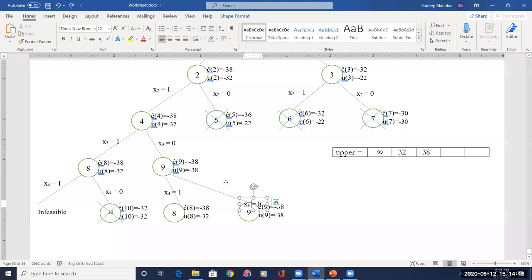The left branch is x4 is equal to 1. The right branch is x4 is equal to 0. Since we are in the 4th level, you have to take x4. This is node number 10. Sorry, it is 11. This is node number 12.